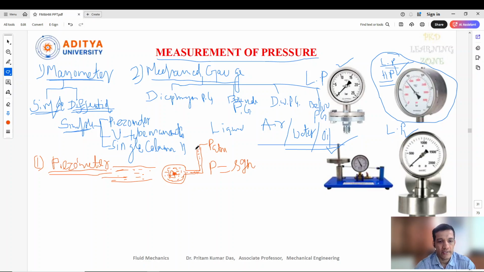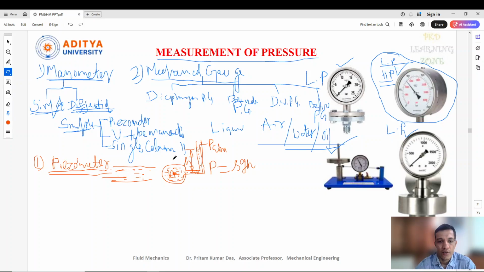When you insert this tube, you can see there is a rise of liquid in the tube, and how much the liquid rises, you mark as h.